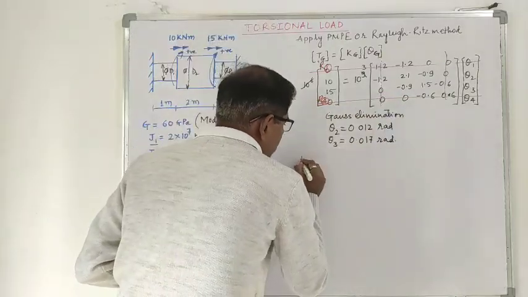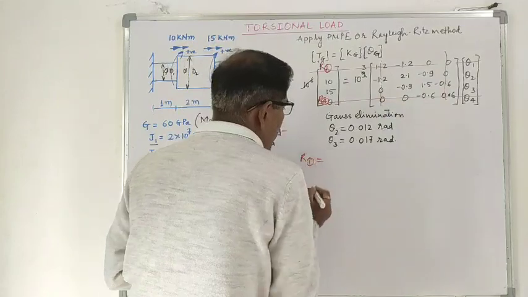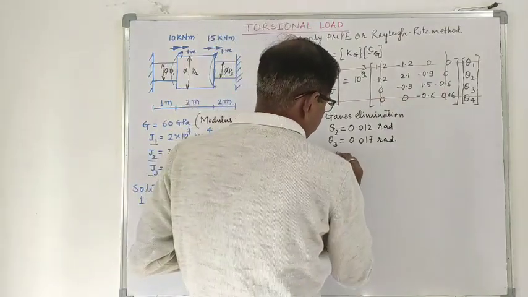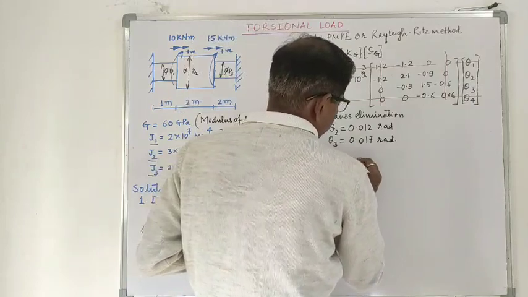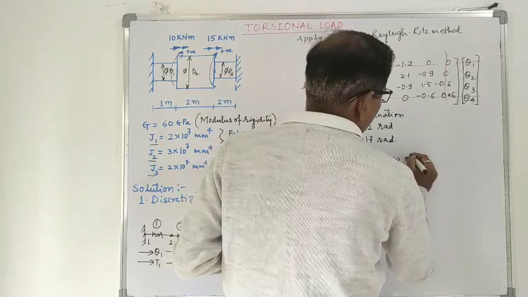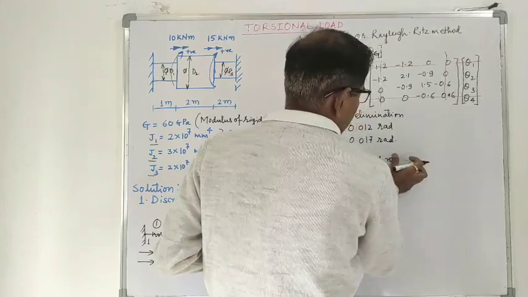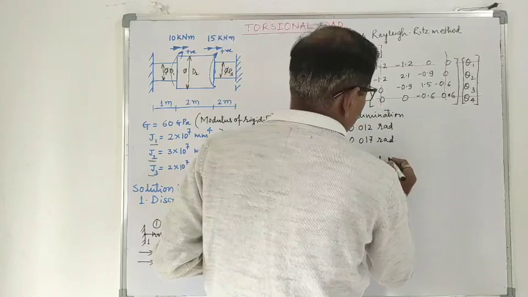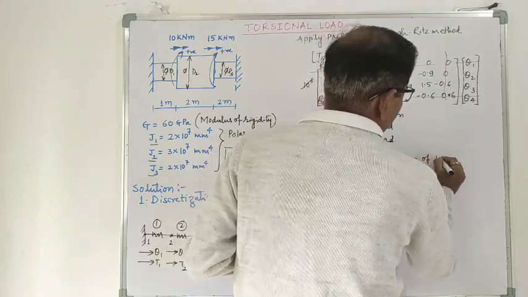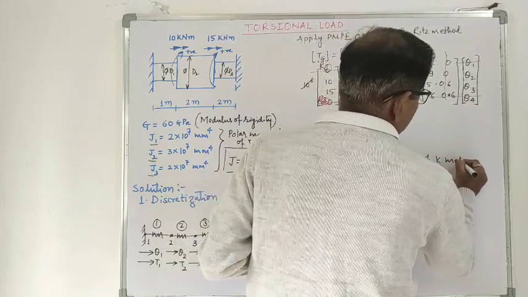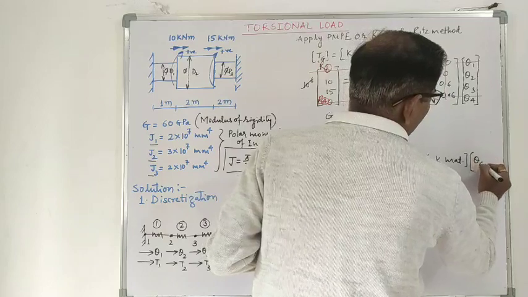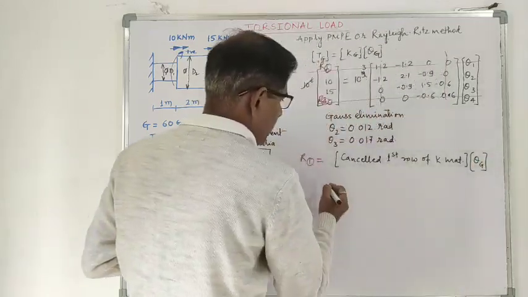So the reaction at node number 1 is equal to the cancelled first row of the K matrix multiplied by the global angular displacement matrix.